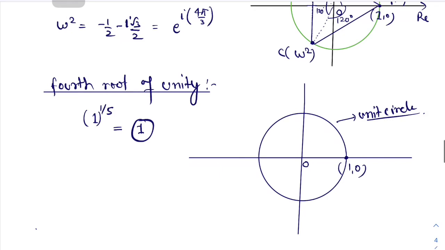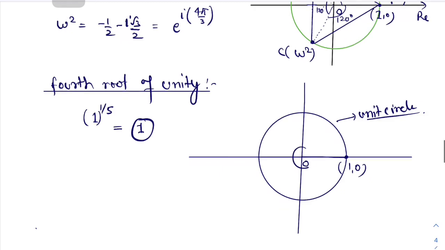We know that these 5 complex numbers are to be separated at the same distance. It means we must divide this 360 degree angle into 5 equal parts. If I divide 360 by 5, we get 72 degrees. So all these complex numbers must be at a separation of 72 degrees. So 1 will be somewhere here.